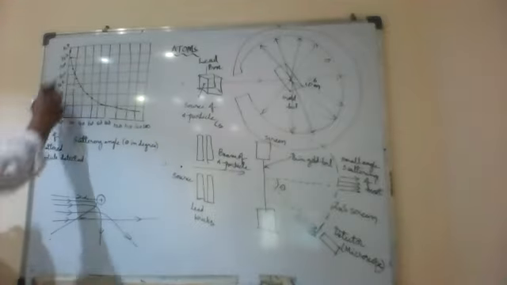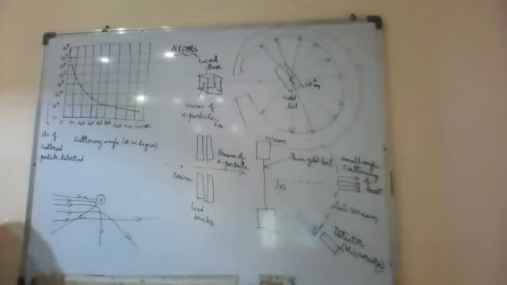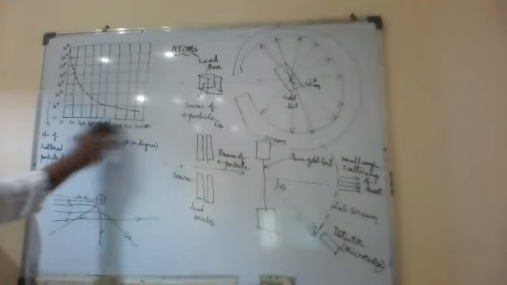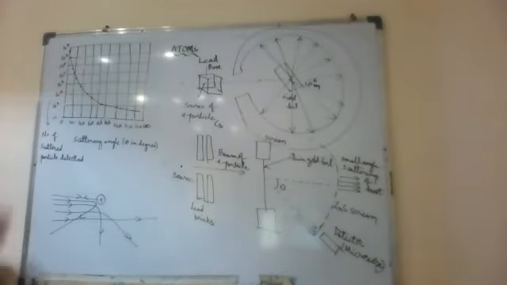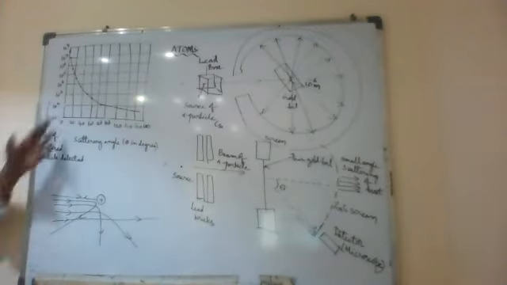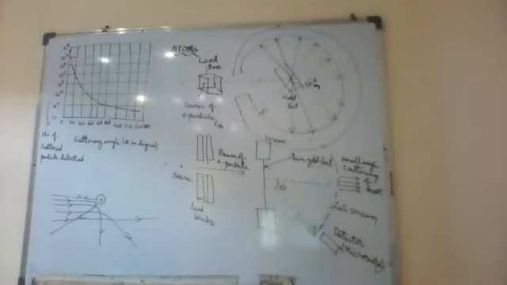The y-axis is the number of scattered particles, and the x-axis is the scattering angle theta, from 0 degrees to 180 degrees, with 10 to the power of 7 on the other axis. So most of the alpha particles go straight. That's the meaning: the angle is very small. Copy this, we'll go ahead.